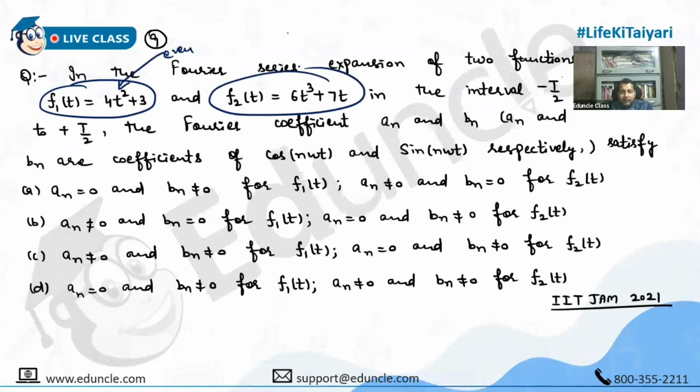This is an odd. So in case of even function, we know that an coefficients are non-zero and bn are 0. So B option. And for f2(t), because it is an odd function, so an is 0, bn non-zero.